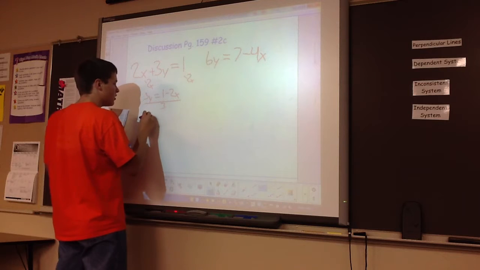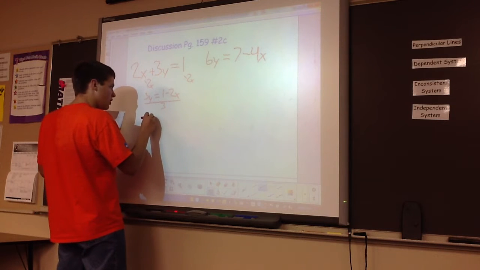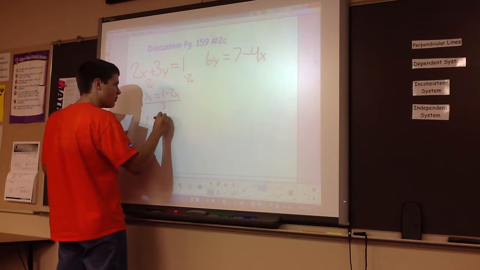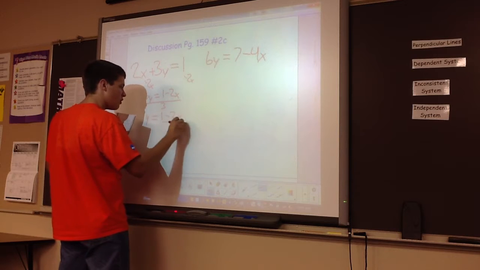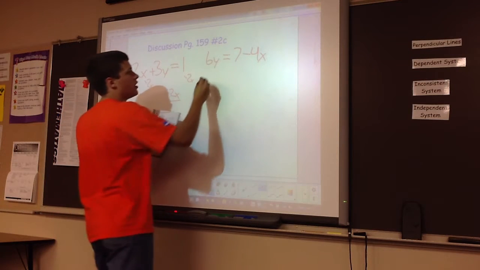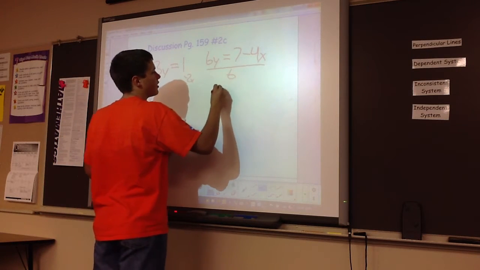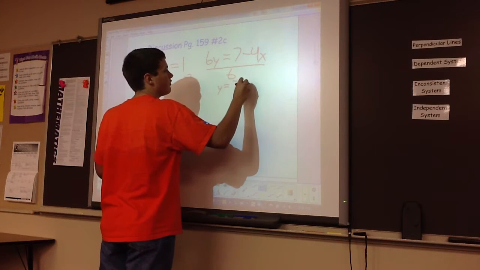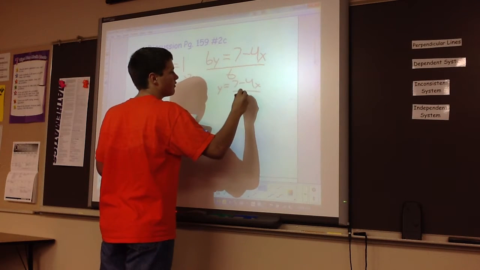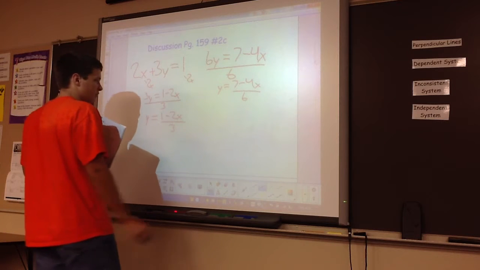Divided that by 3, and it's y equals (1 minus 2x) over 3. And then divided this one by 6 and got y equals (7 minus 4x) over 6. Then I set them equal.